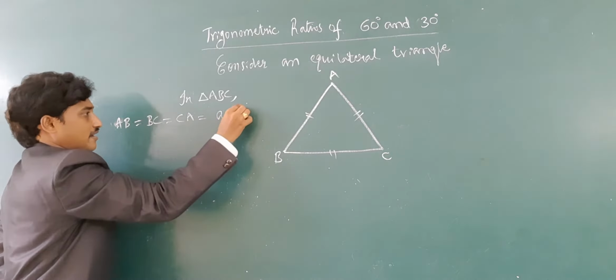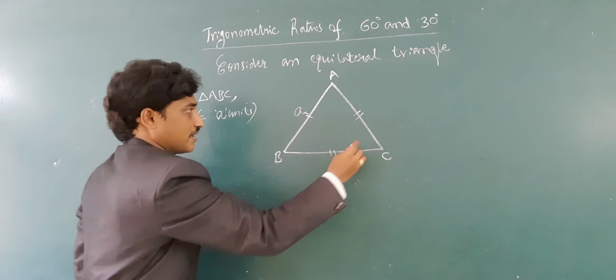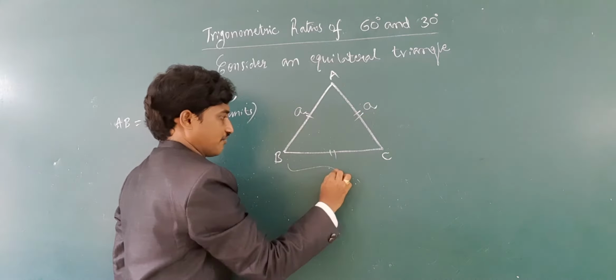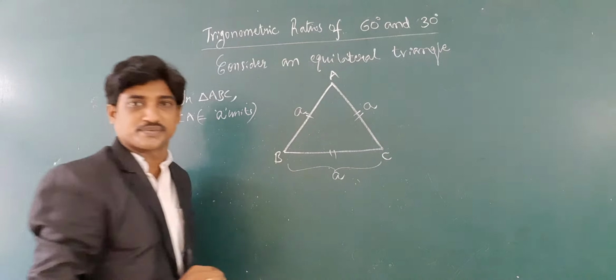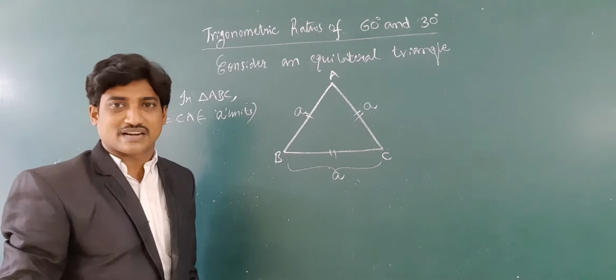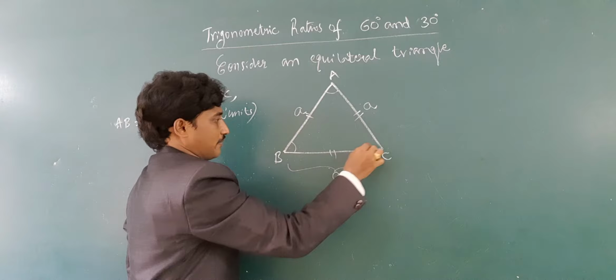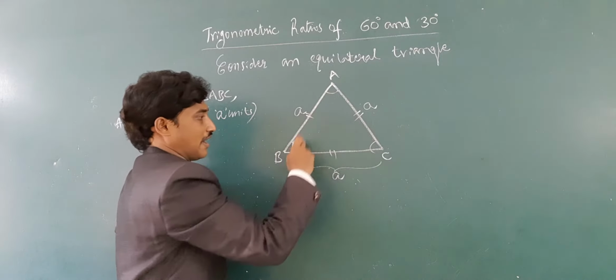Let us say the length of each side is A units. We know that in an equilateral triangle all sides are equal and all angles are equal.